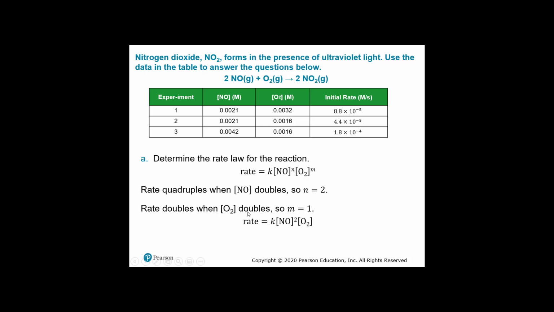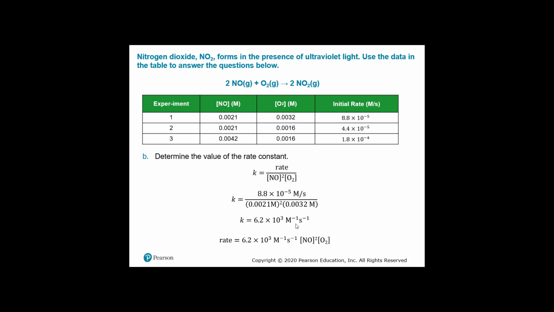So they're saying this doubles when they should be stating that this decreases, and so the rate is also decreasing, but it's still a first order reaction with respect to oxygen. So it's a second order with respect to the reactant NO, and it's a first order with respect to oxygen.